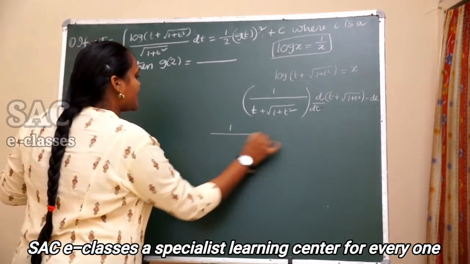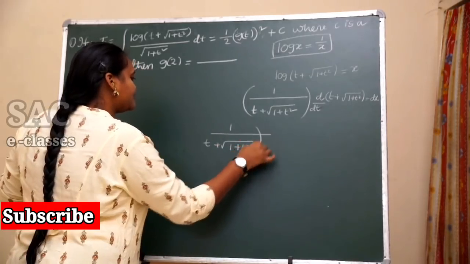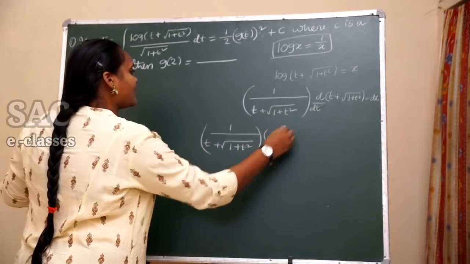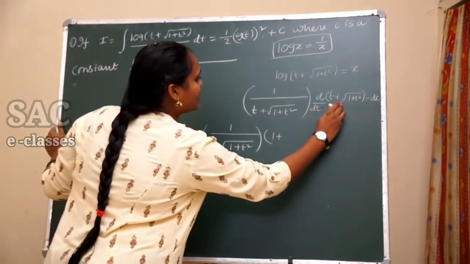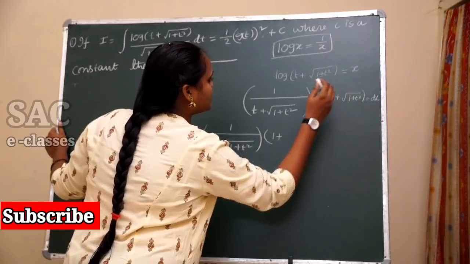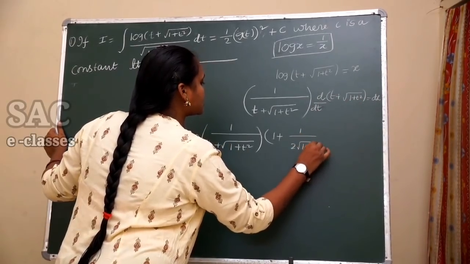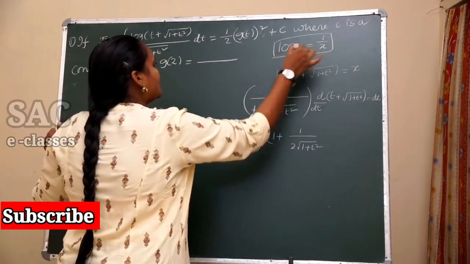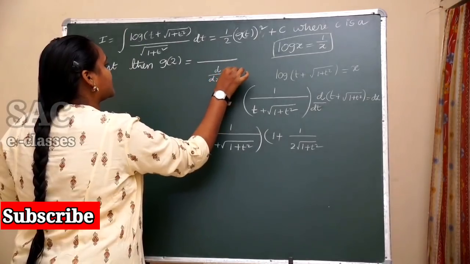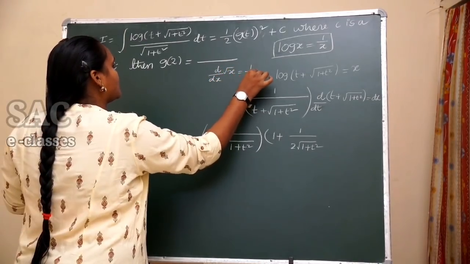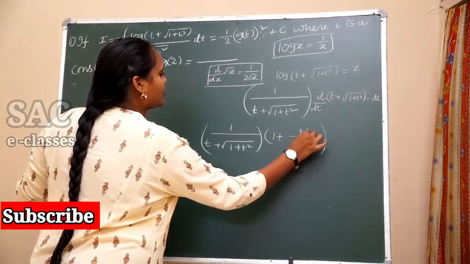Now 1 by t plus root over 1 plus t square, times the differentiation of t, which is 1, plus the differentiation of root over 1 plus t square, which is 1 by 2 into 1 plus t square. You need to know that d by dx of root x has the formula 1 by 2 root x, and the differentiation of t square which is left over is 2t.